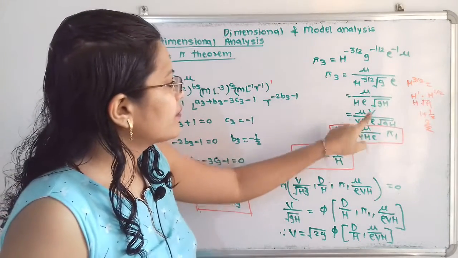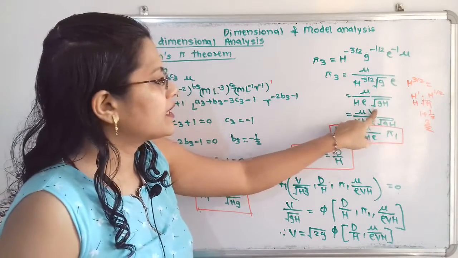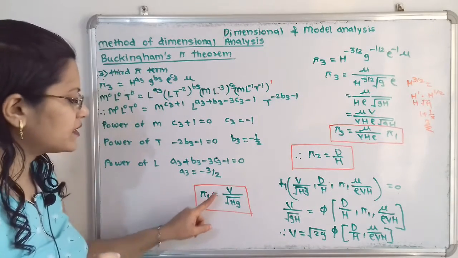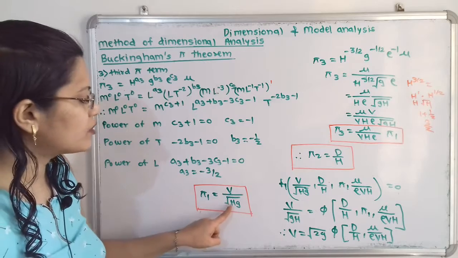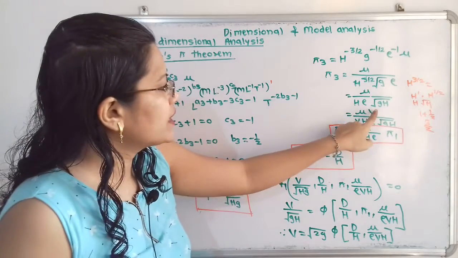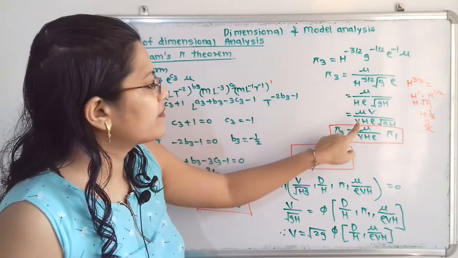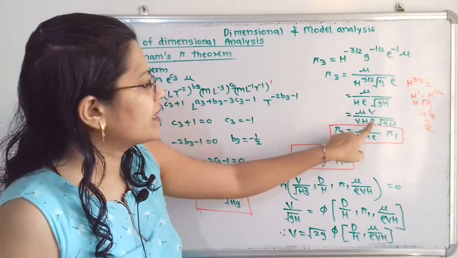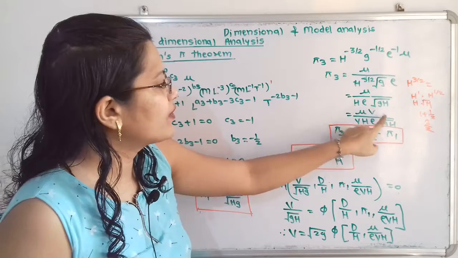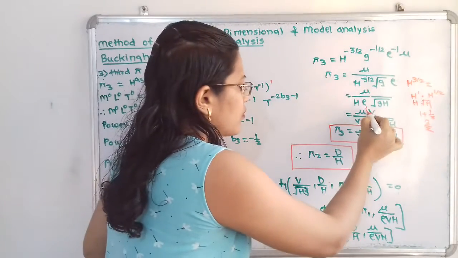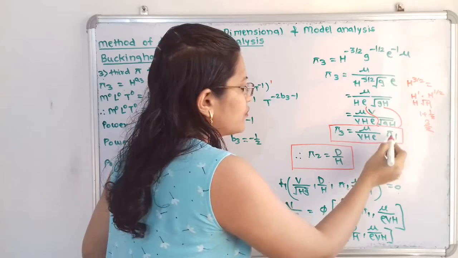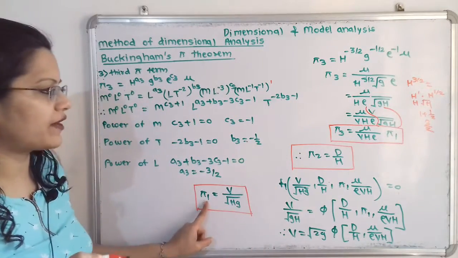So again we will here multiply and divide with v, because when we observe this, pi 1 is equal to v by under root of hg. So if I multiply and divide with v, then how it becomes? That is mu divided by vh rho, and instead of v, now if we concentrate on this term, v divided by under root of gh, we will take here as a pi 1.